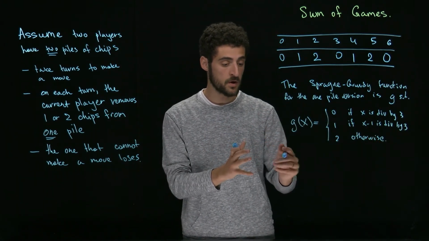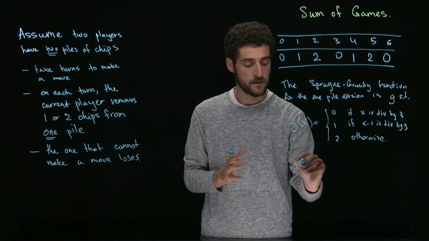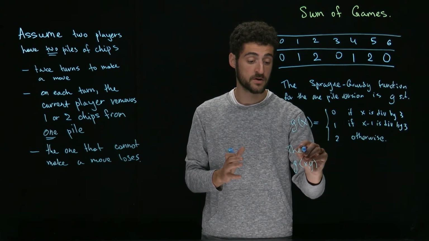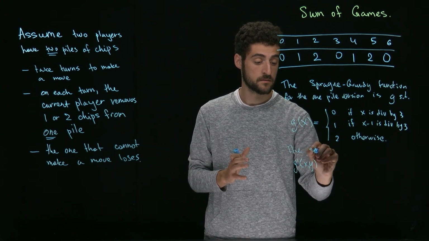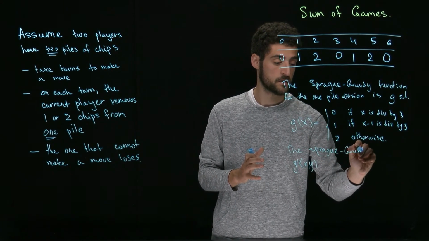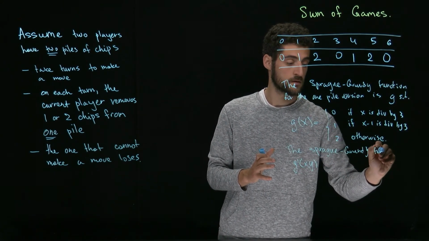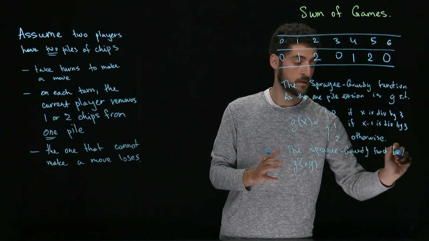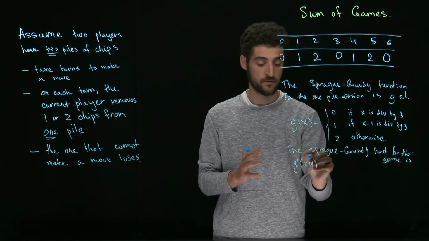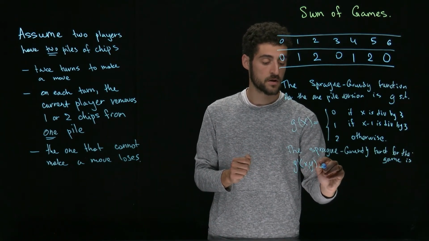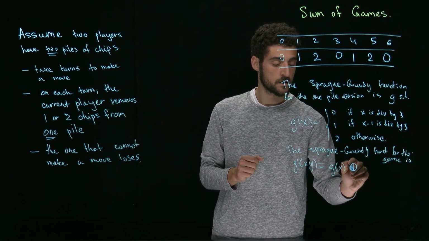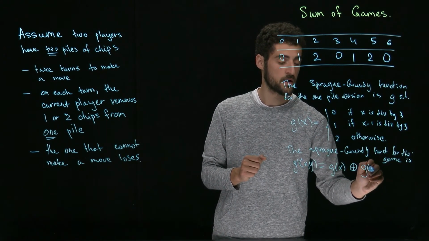And using the theorem, we know that the Sprague-Grundy function for the game is g prime of (x, y), so that it's equal to g of x XOR g of y.